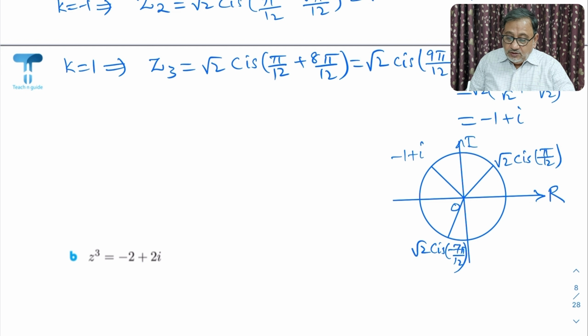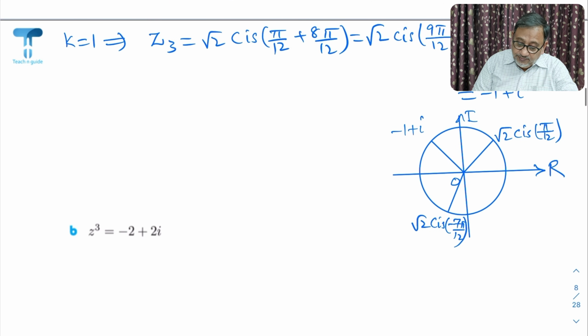Okay, then the next one is z cube is equal to minus 2 plus 2i. Okay. So when we write it in the polar form, what is the modulus of it? 2 square 4, 2 square 4. 4 and 4, 8 means 2 root 2. So it will have modulus 2 root 2, and cis.